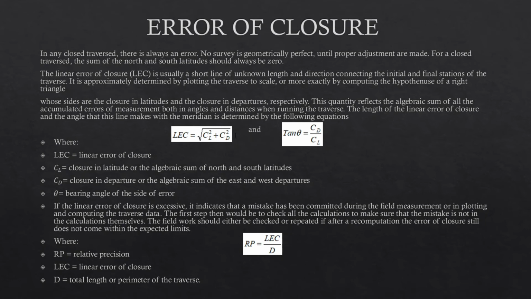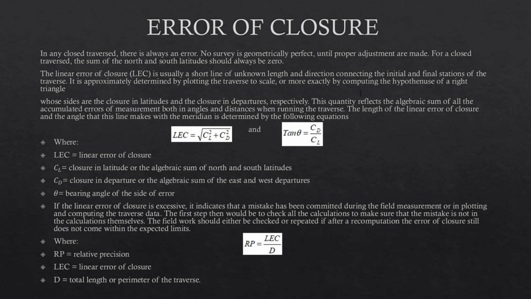So, nakuha lang din tong formula na to dahil sa vectors. So, yung meron tayong given na summation ng north and south, yun yung CL natin. Then, closure in departure, the algebraic sum of the east and west departure. Yun yung CD natin. So, ganun lang din yung pagkuha ng linear error of closure natin.